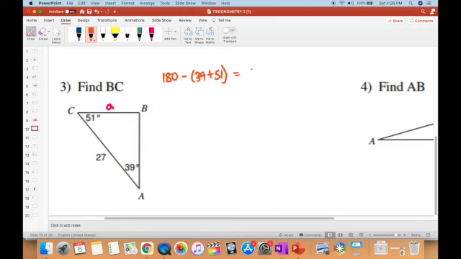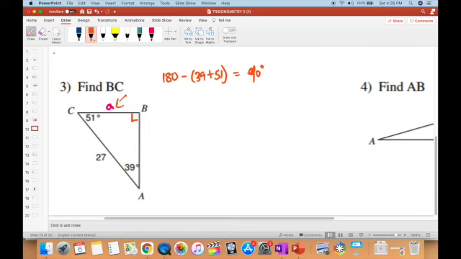I see, 90 degrees. So that means this is 90 degrees, and if this is 90 degrees, then this is a right angle triangle. So I don't have to use the sine and cosine rule at all. I could use some other trigonometric function to find A.